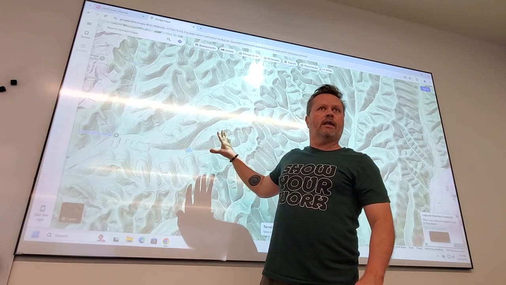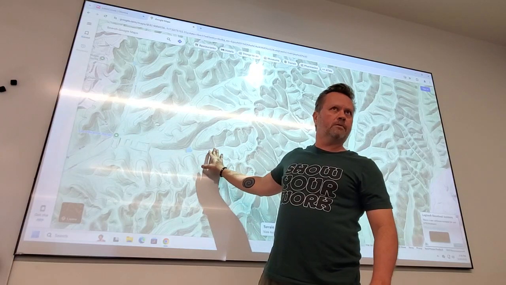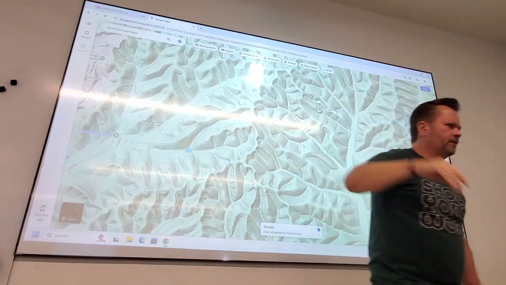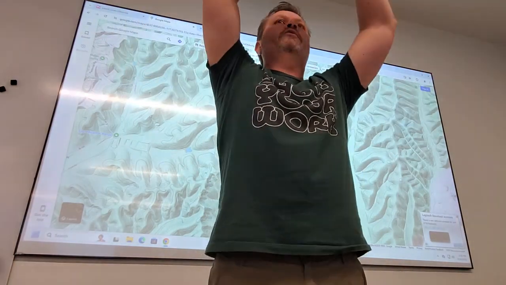You all agree that if I try to create a mathematical function that represents this terrain, it would be really, really difficult to do. So that's why these level curves are much more interesting than my little bowl that's got these circular ones.